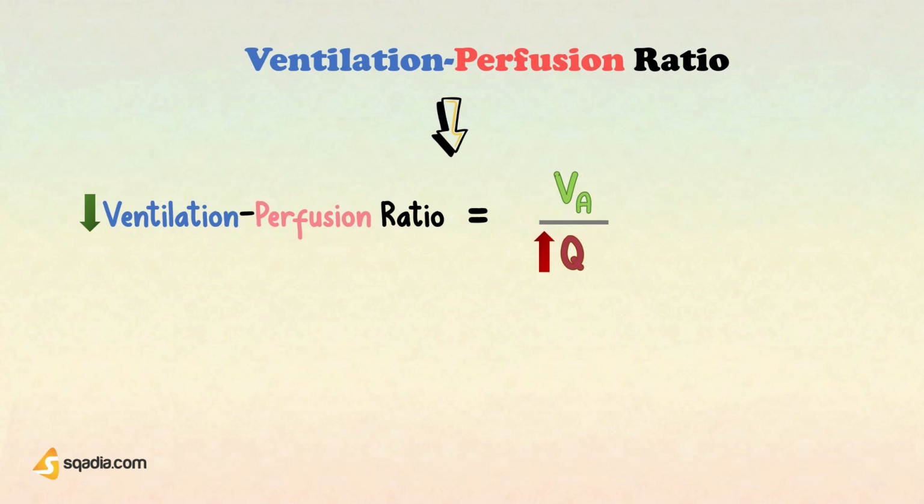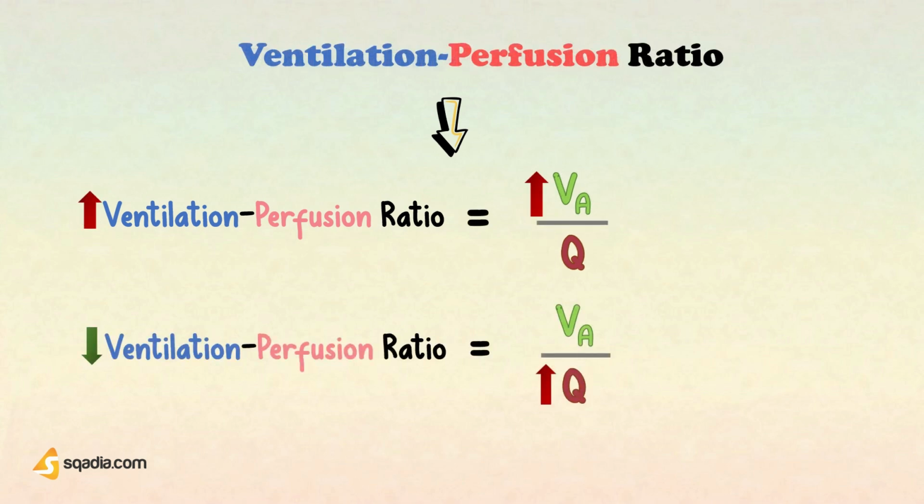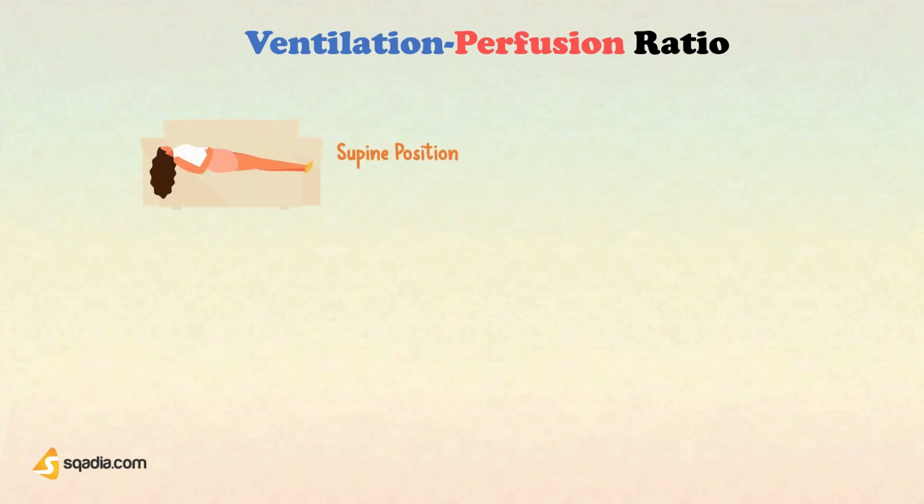Now, physiological variation also occurs in different parts of lungs. Until now, we have assumed that all alveoli are ventilated and perfused to the same extent. But that's not actually the case. Neither ventilation nor perfusion of the lung is uniform from apex to base. When a person is supine, blood flow is nearly uniform throughout the body, and the lung as well.